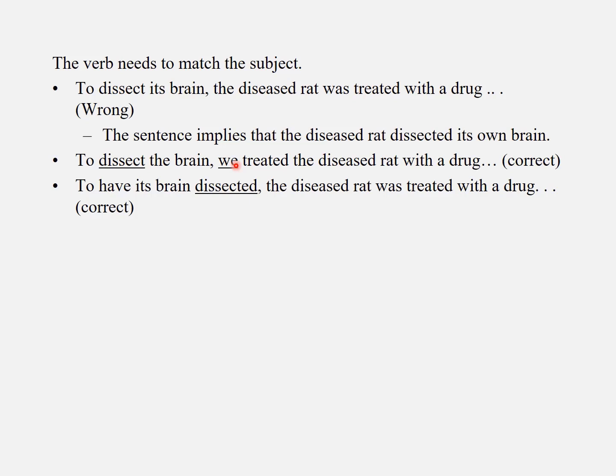Another way to say it, you change the first part to: to have its brain dissected, the diseased rat was treated with a drug. Now the rat is the subject. To have the rat's brain dissected, and this is also correct.